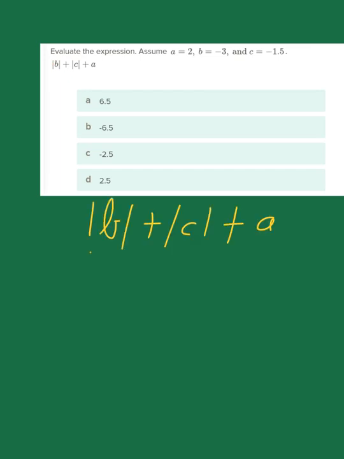Okay, here I go. B is negative 3. C is negative 1.5. And A is 2. The absolute value of negative 3 is positive 3.